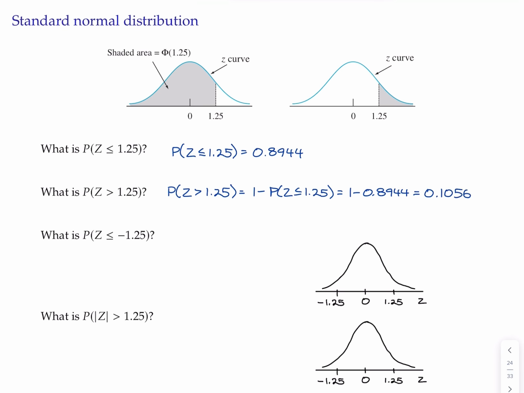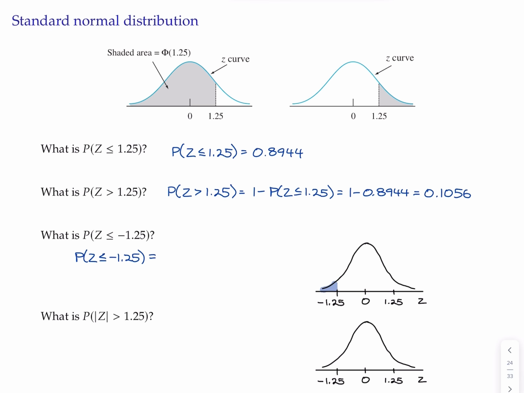Okay. What is the probability z is less than or equal to negative 1.25? That's our third question here. Hopefully you can see where this is going. Here we want just this left tail probability right here.